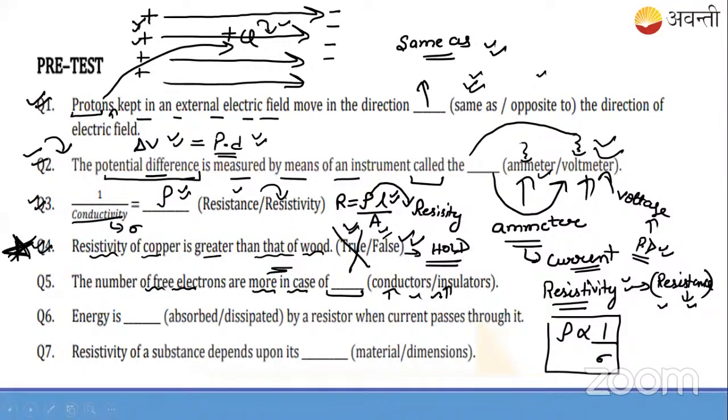Answer me, anybody. What do you think? Where will the free electrons be more here? Conductors में, insulators में?